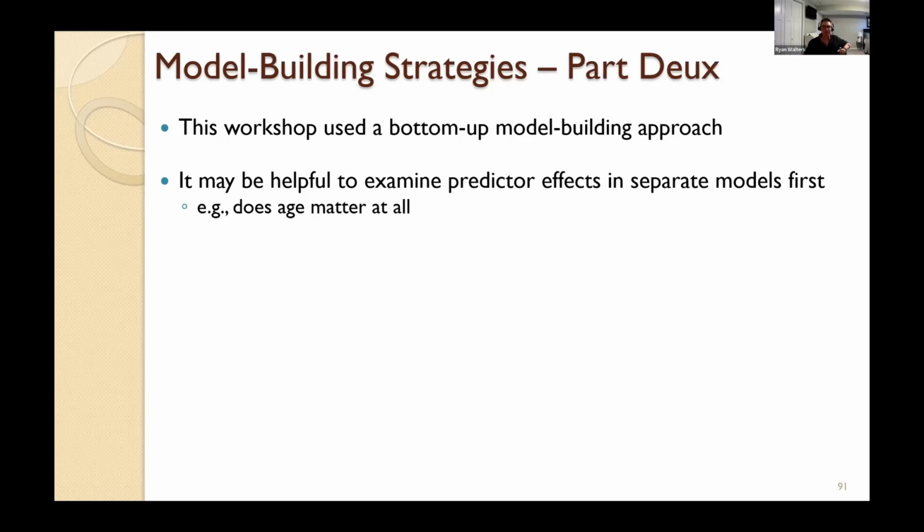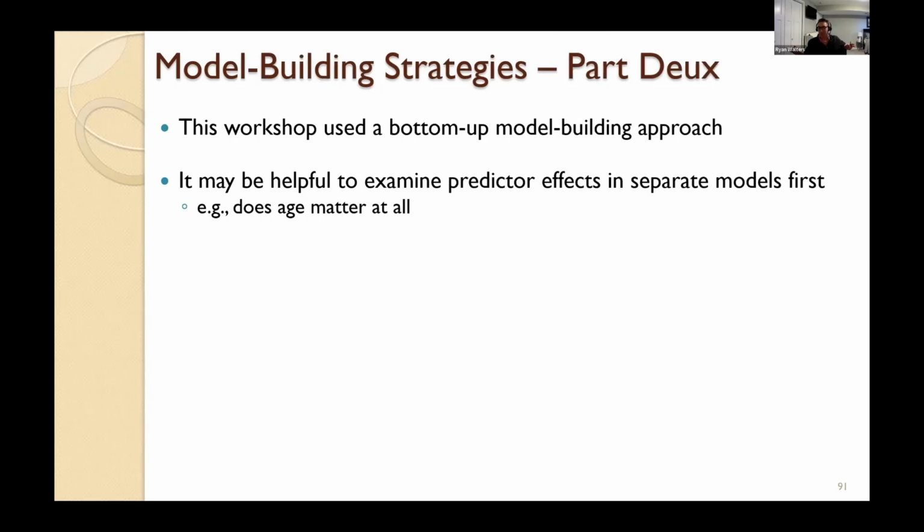This workshop used a bottom-up model building approach. You'll notice that I systematically included predictors from empty models, working my way up. Fixed effect, random effect. Fixed effect, random effect. That is not necessarily the quote-unquote right way to do it.